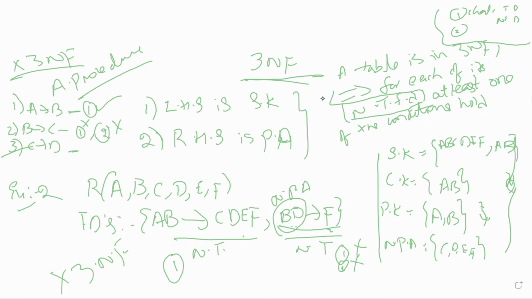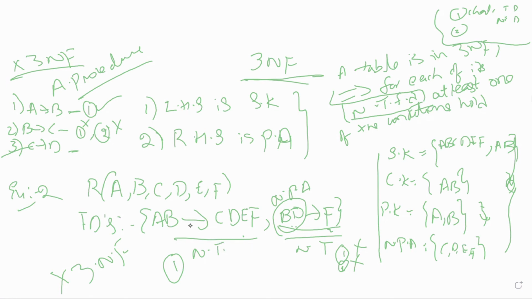For each FD, we have to check at first whether it is a non-trivial one or not. If it is a non-trivial one, then only you check. If it is a trivial one, then don't check that FD. Leave it and assume that it's already in 3NF. I'm not saying the complete relation is in 3NF.